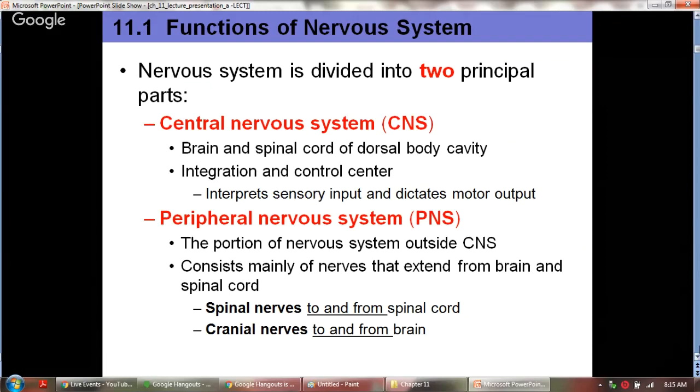It consists mainly of the nerves that extend from the brain and the spinal cord: the spinal nerves arise to and from the spinal cord, and the cranial nerves arise to and from the brain.